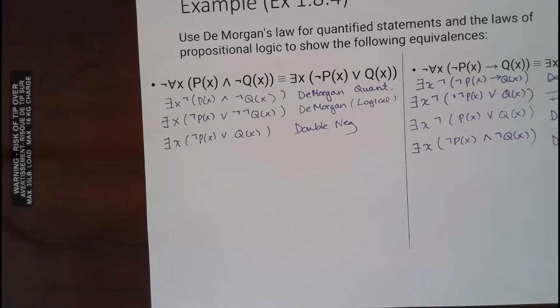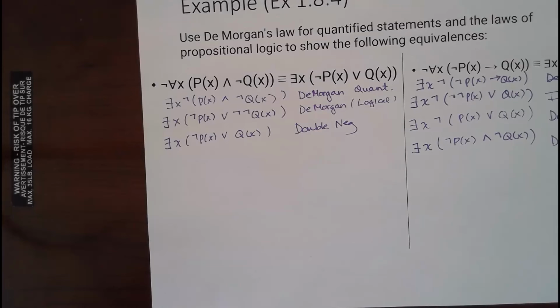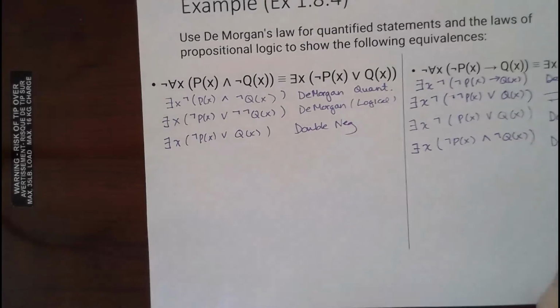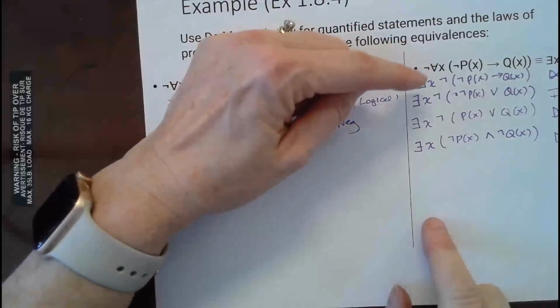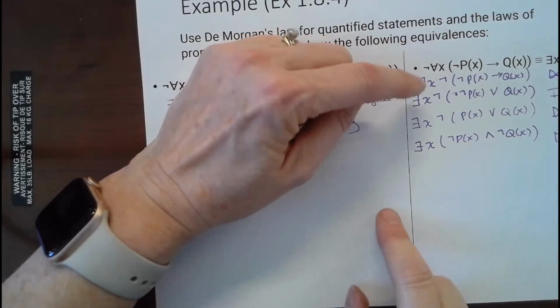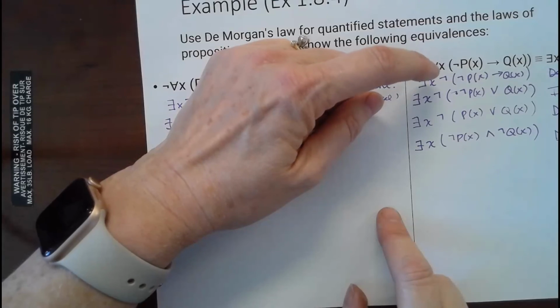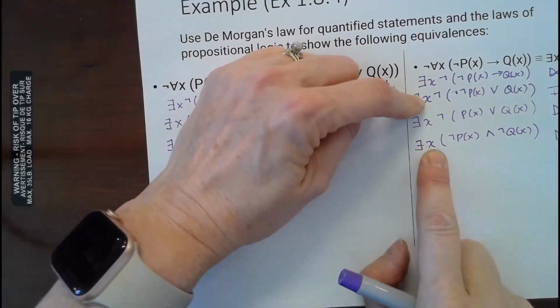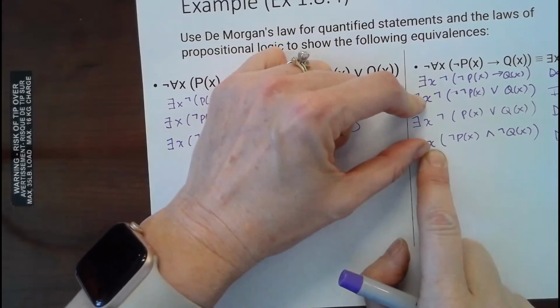Good. Yes. On tests and stuff, do we really need to write out the double negation? You should write out the double negation on the test. Yes. We have to write down what law that is. Yes. So you should write out. Like if you want to do it in one step, okay, if let's say you want to go from here to here, then you just need to list two laws in one step.